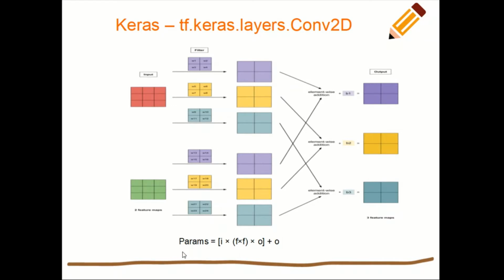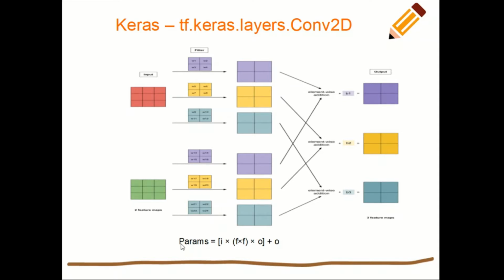Coming to the number of trainable parameters that this particular configuration will have: input is 9, and the filter size is 2x2, multiplied by output, which is 3 in this case, plus the outputs, that is these three biases.